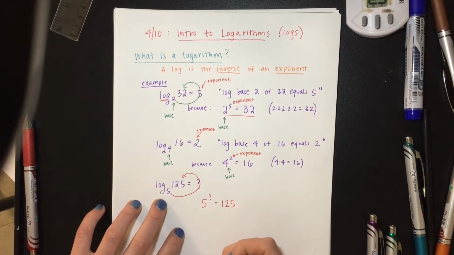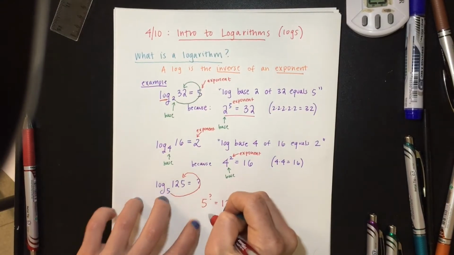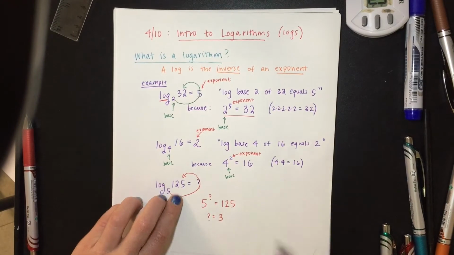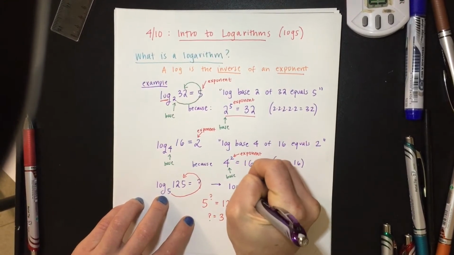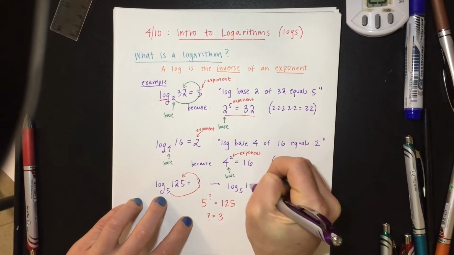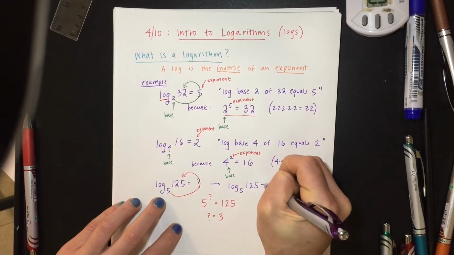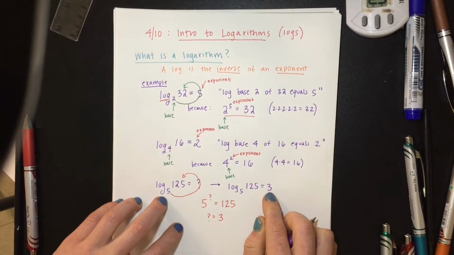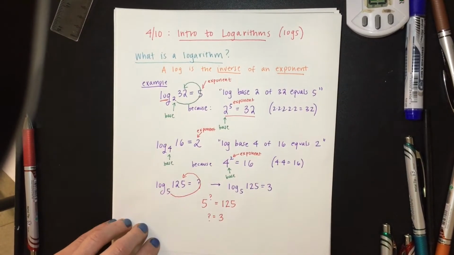Do you know it? This is going to be 3. So your answer is log base 5 of 125 equals 3. This is your base, this is your exponent.